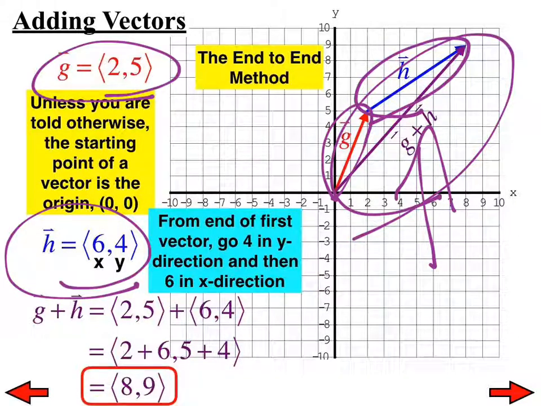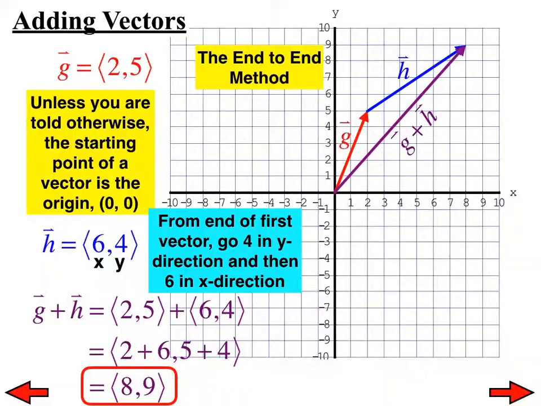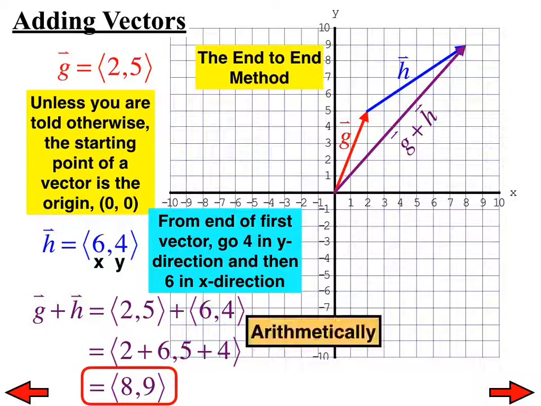The first couple of problems that you're doing in the homework with the end-to-end method, that's all I'm having you do, drawing the resultant vector, just to make a point. And that is, you have to end the picture with the resultant vector. Okay? And so that's how we do vector addition arithmetically. This is how we show or prove it graphically.